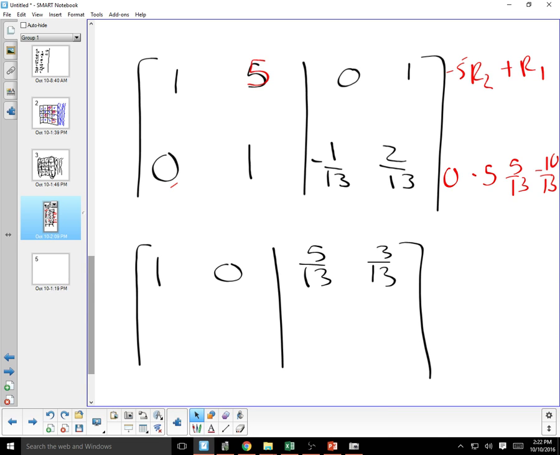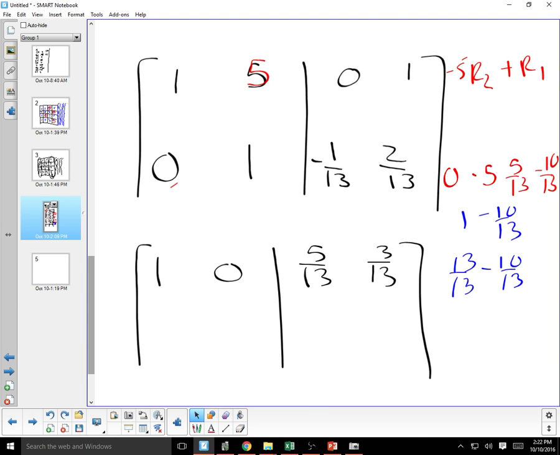I'm adding 1 and that, correct? So what's 1 as a fraction with a denominator of 13? It's 13/13. Minus the 10/13 gives me 3/13.